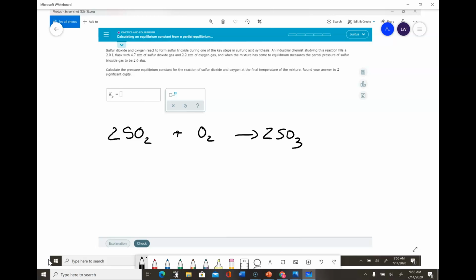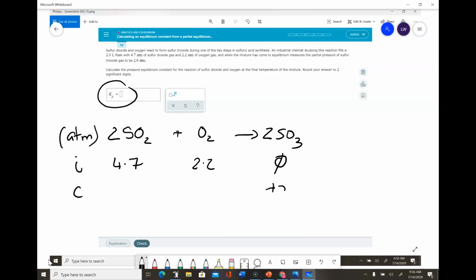Okay, so I kind of know what's going on here. We're going to calculate Kp, all right? So we need to be working in atm because it's a Kp. Initially we have 4.7 of that, and we have 2.2 of this, and we have 0 of that. And then the change is, well, this is going to go up by 2.6.